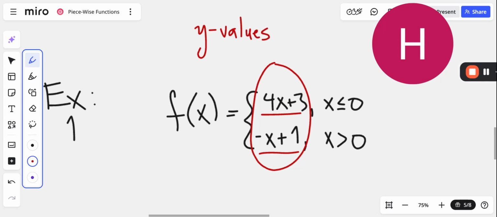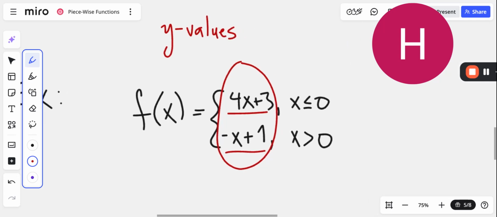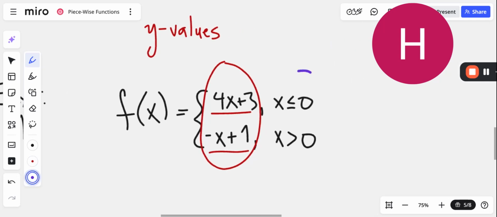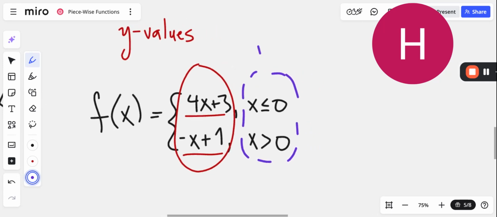But they will not both exist at the same time, so we're going to turn our attention to the domain section of the piecewise function, which is right here. This domain tells us where a given piece is valid. So it basically tells us which x values we're allowed to plug in for that particular piece.